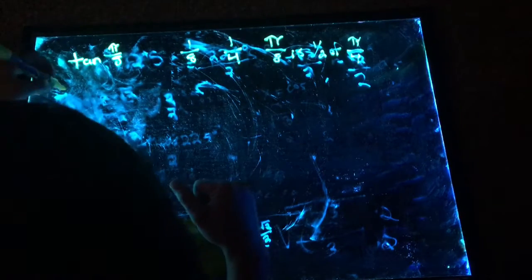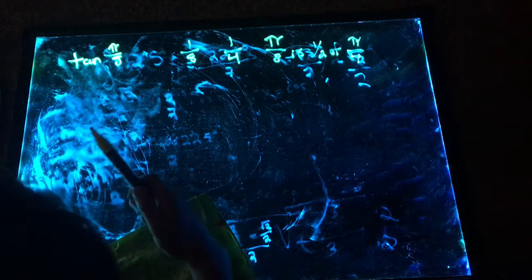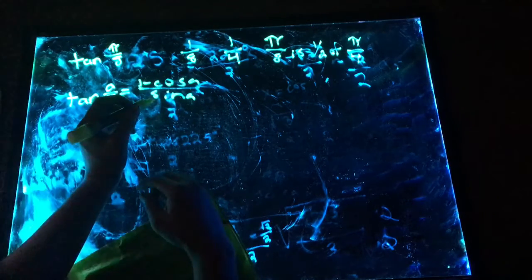And so then we're going to basically just put it into our formula, which is the tangent of A over 2 is equal to 1 minus cosine of A over sine of A, and we're going to use this one just because it's the first one and it's easy. And so from here we're going to substitute the values we know.